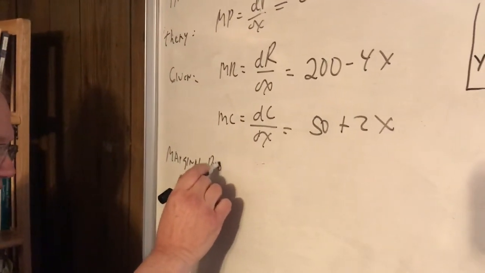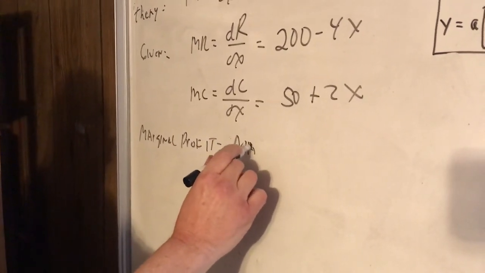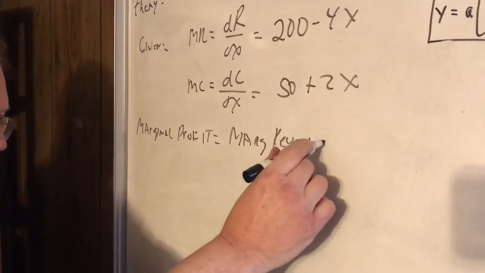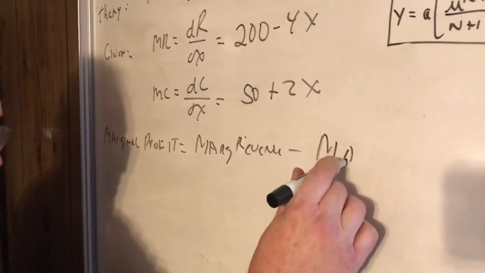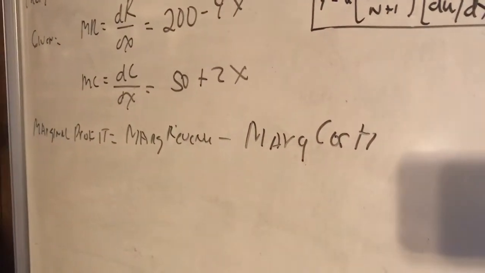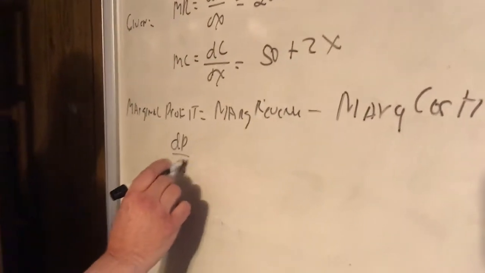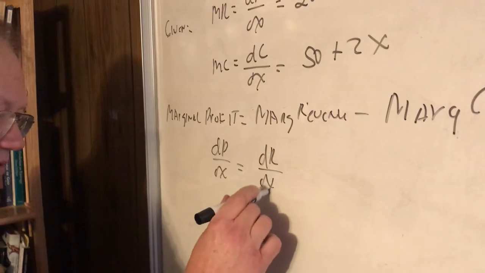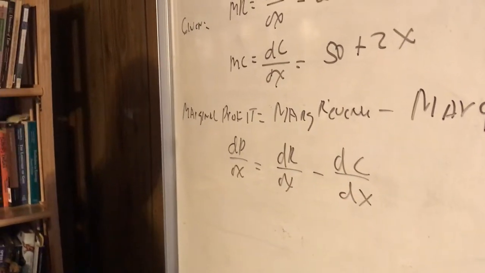Marginal profit is going to be equal to the marginal revenue minus the marginal cost: dP/dx equals dR/dx minus dC/dx.